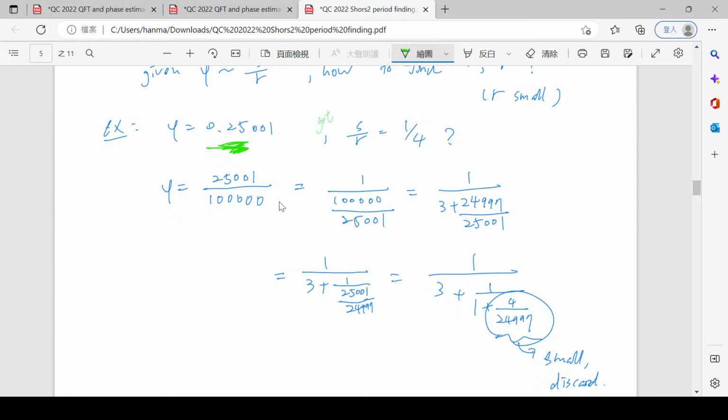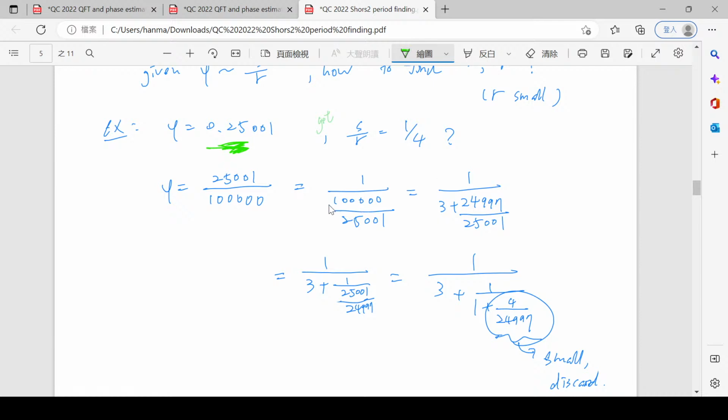If you don't do any error correcting, then you are just going to say your r equals 100,000, which is very far away from 4. Now what you do is you flip this around. So you write this as 1 over 100000 over 25001. Okay, so nothing really happened.